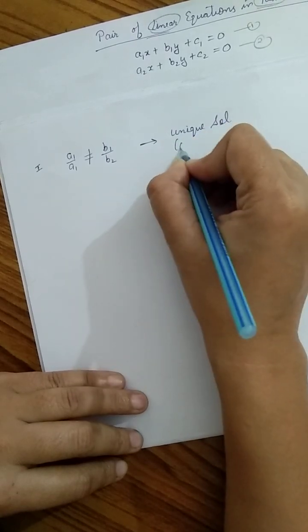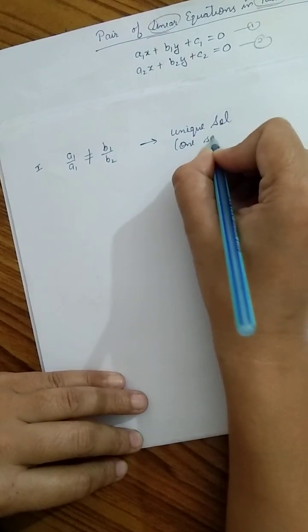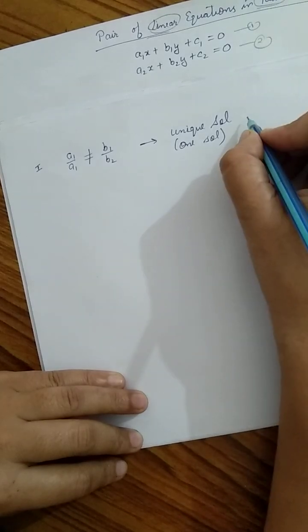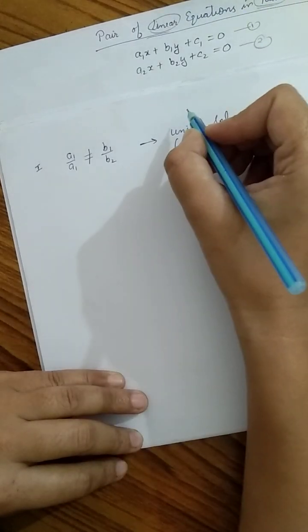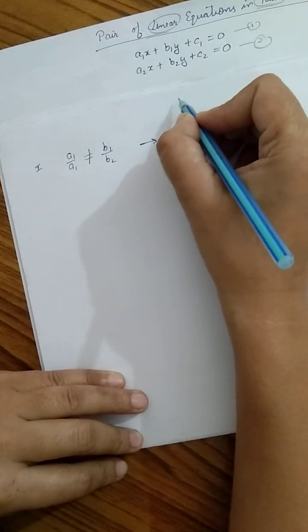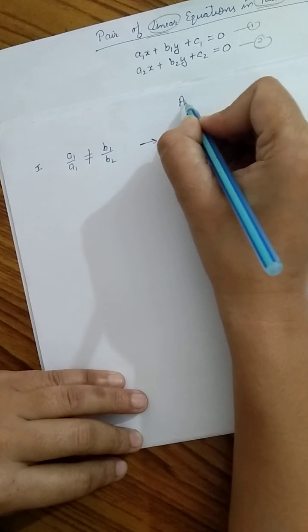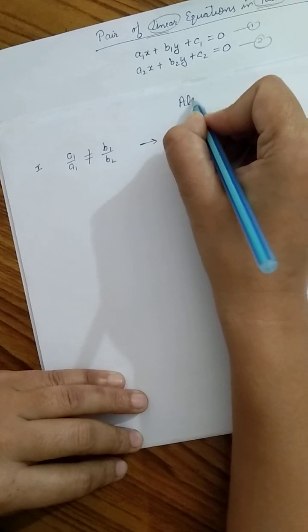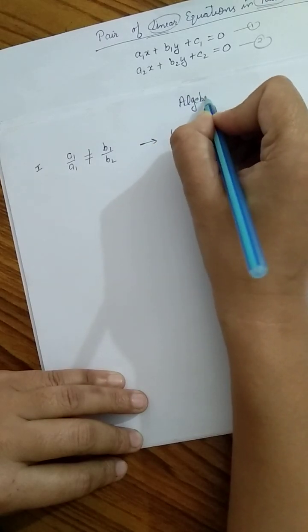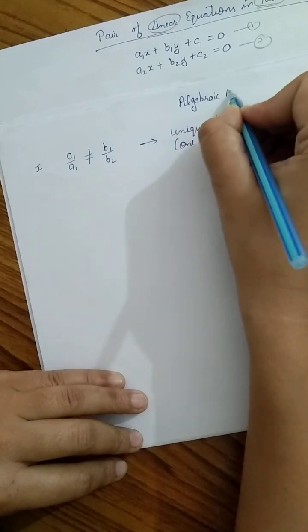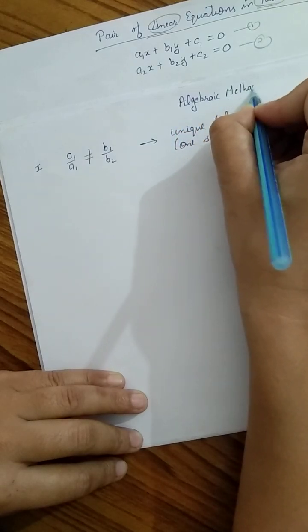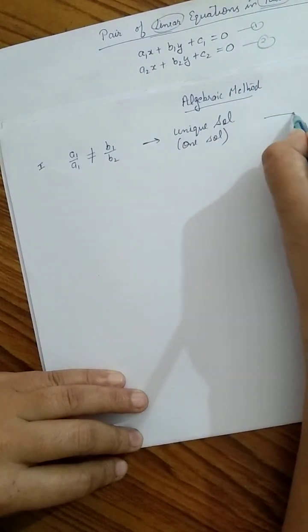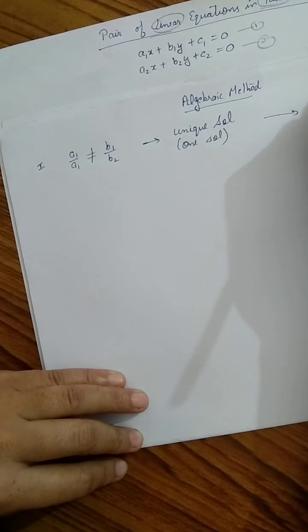Unique solution means only one solution of this equation will exist. Here we are doing two methods. First one is the algebraic method, and the second one is the graphical method.